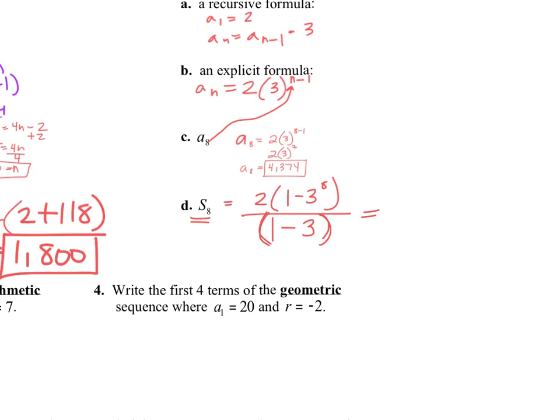So make sure you plug this into your calculator, 2 parentheses 1 minus 3 to the 8th, get out of that exponent mode, finish off your parentheses right here, divided by parentheses 1 minus 3. You want to double check this because sometimes if you plug these in slightly differently, you get a very different answer. 6,560 is what you should be getting.